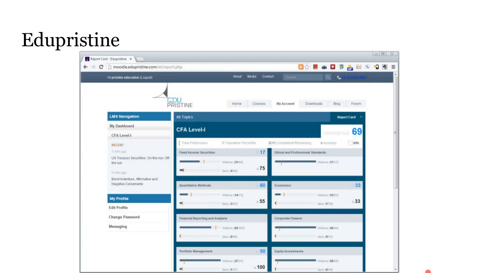I think that's where they did a majority of their business, and their entire system and platform is based on Moodle. What you're seeing there is actually a Moodle dashboard from a couple years ago, and it was really, I think, ahead of its time, and is a nice additional example of something that Moodle has helped to facilitate.